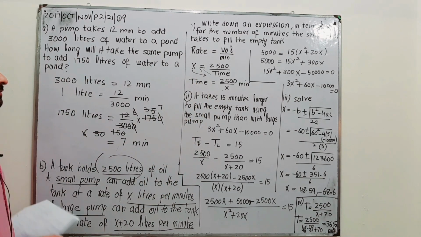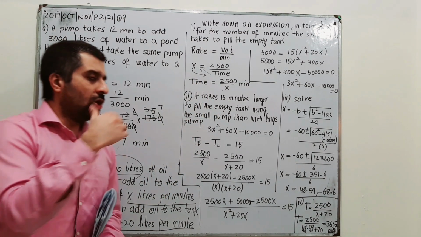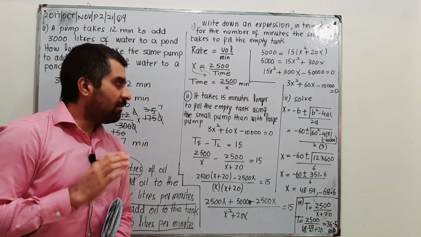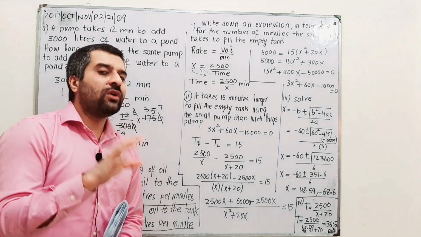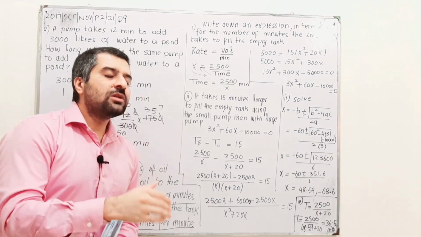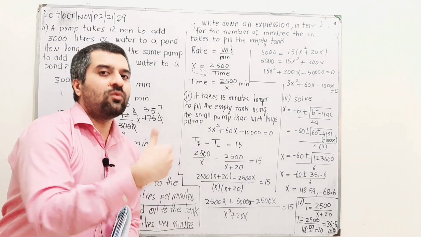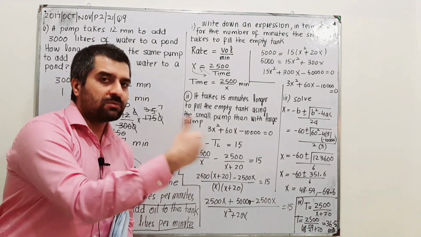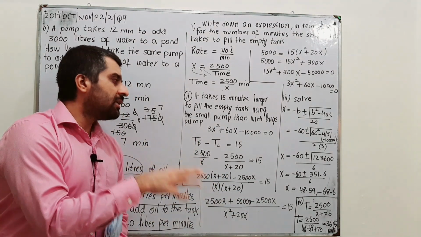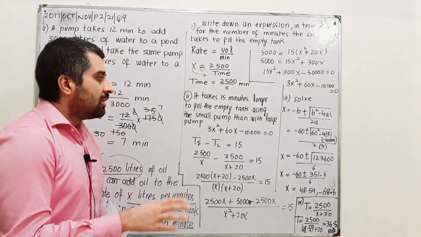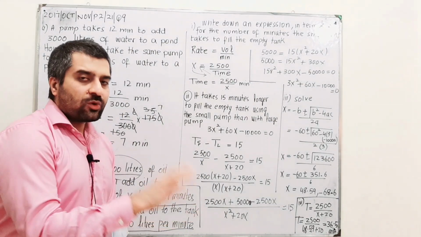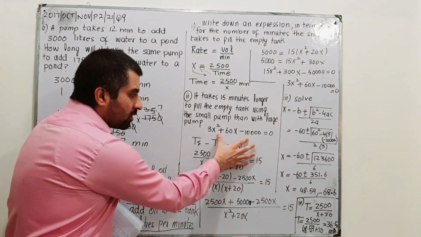Part number 2. It takes 15 minutes longer to fill the empty tank using the small pump. This means if you are using the small pump, it will take a longer time. And how much longer? That is 15 minutes more as compared to the large pump. Now you have to develop an equation that is reduced to this form.